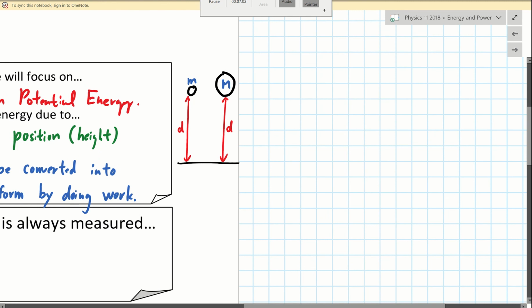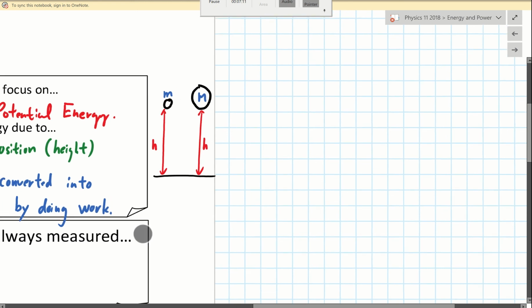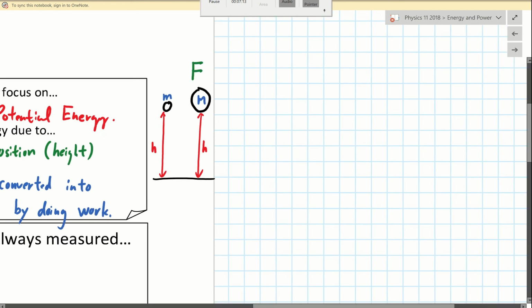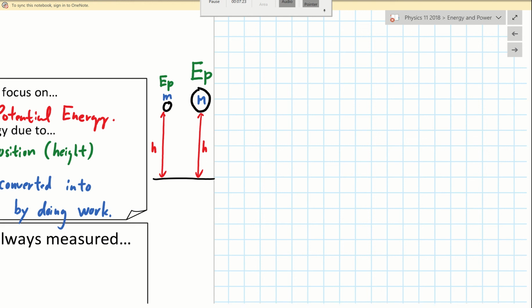Even though they both have the same height off the ground, and even though they are both subjected to the same gravity because they are on the same planet, the one that's more massive is going to have a higher potential energy value than the one that is smaller, okay? Because it's mgh. So the more massive an object is, the more potential energy it has.